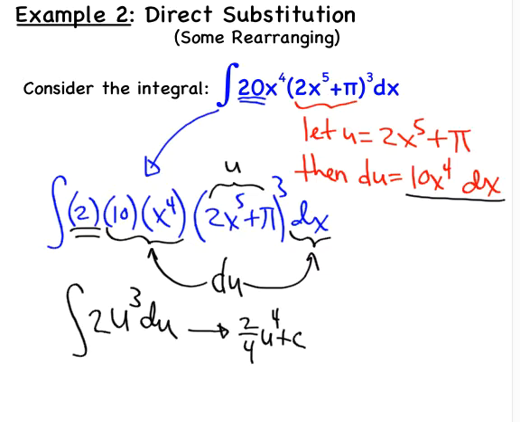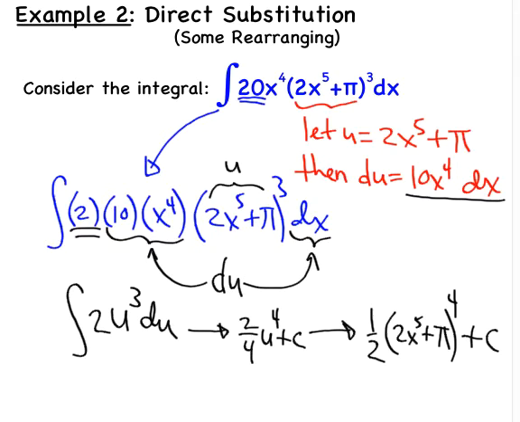Now that we have our antiderivative, we can return it to its original variable. That would be replace u with 2x to the 5th plus pi. I can reduce that 2/4 to 1/2. We see that the new exponent is 4 due to the antiderivative, and then our plus c.